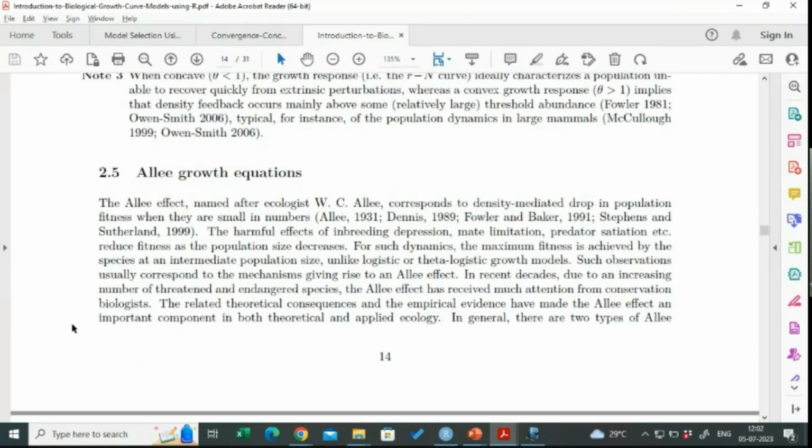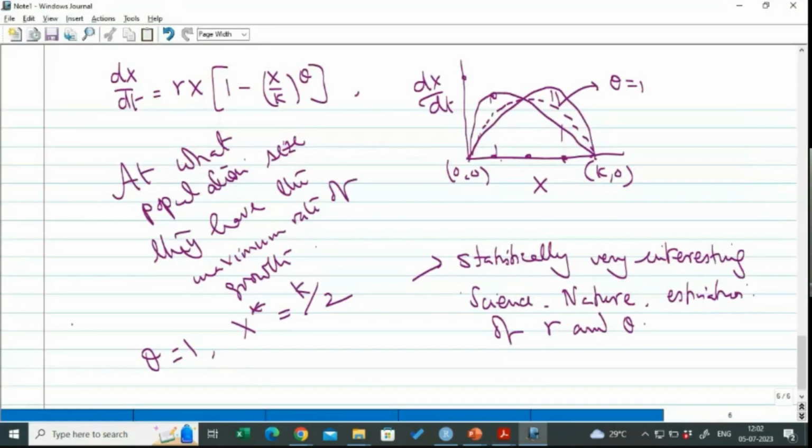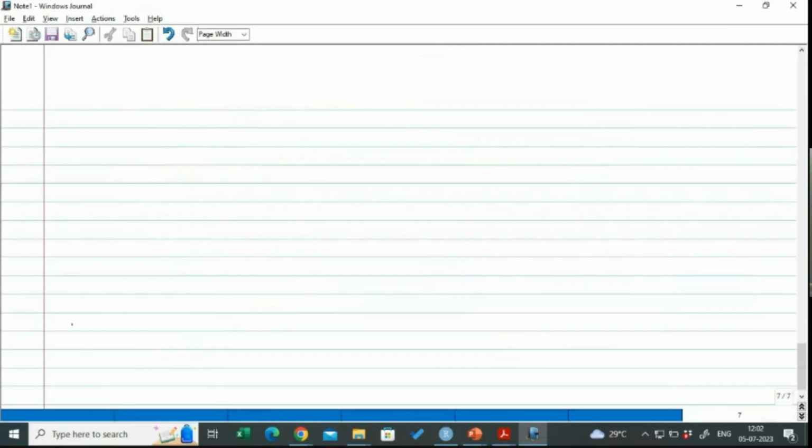Now, this is another particularly important growth equation. Suppose you are working with a population which is growing in an environment where it needs to maintain some minimum population size so that there is a possibility of mating and reproducing for the next generation.